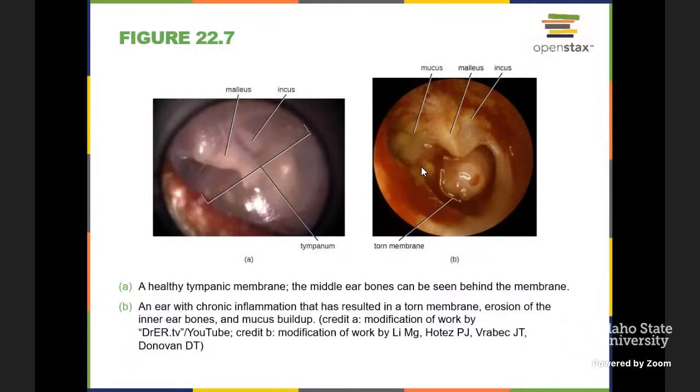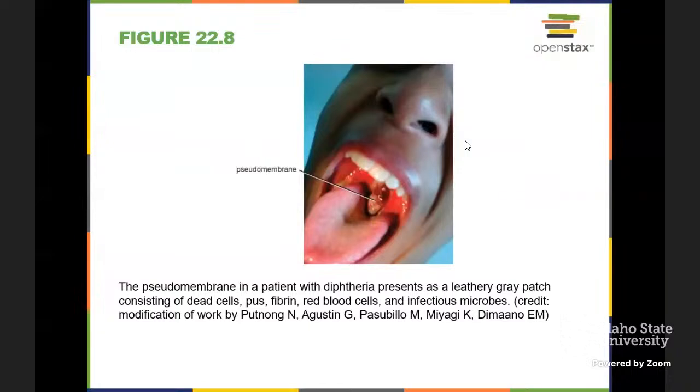There's a lot of pus within here, inflammation, some redness, and there's also potentials for deafness to result as these inner ear bones can start becoming eroded through the result of the infection. And numerous players with that. We'll get to that in just a second.